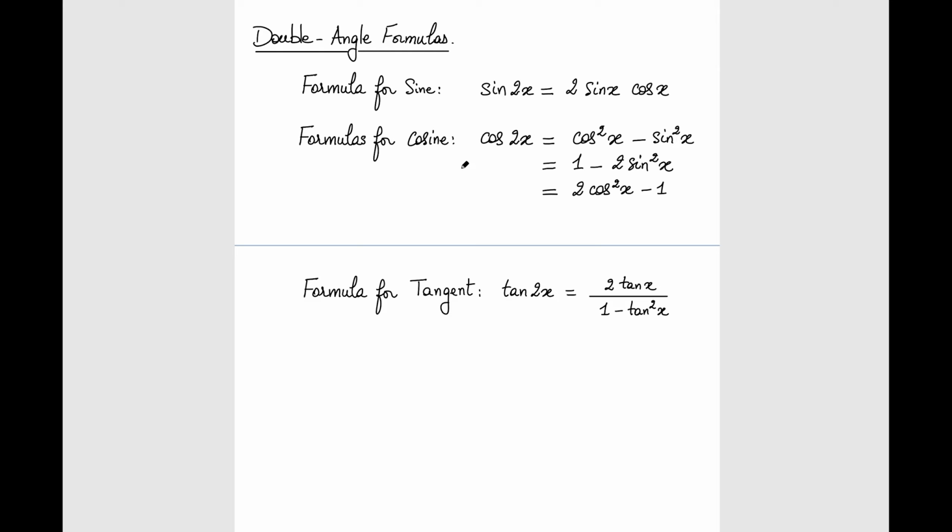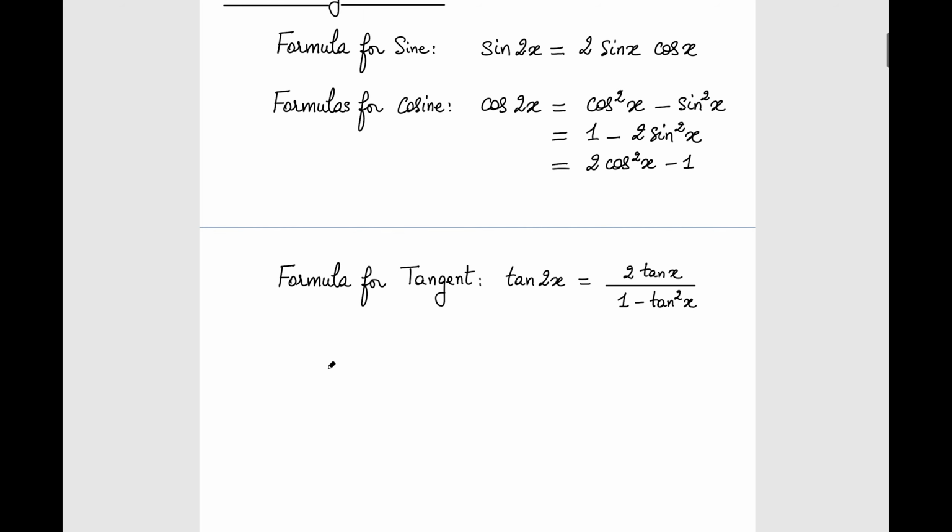As said earlier, I'm gonna just show the cosine ones. So I'm gonna show all these 3. So let's prove that. So proof. Cosine of 2x. How about we look at this as cosine of x plus x, right?